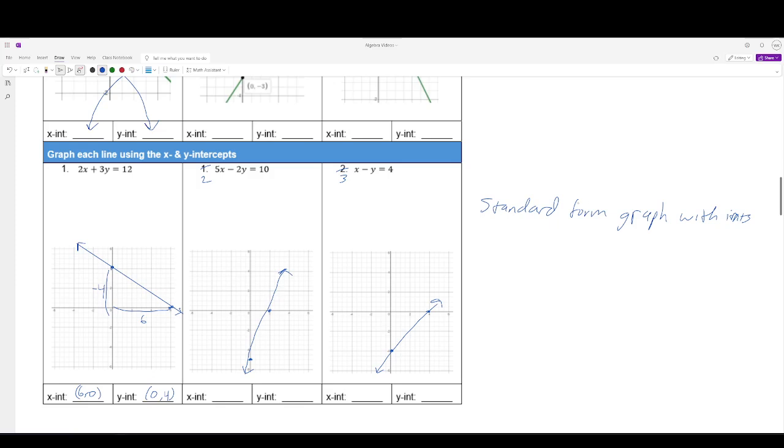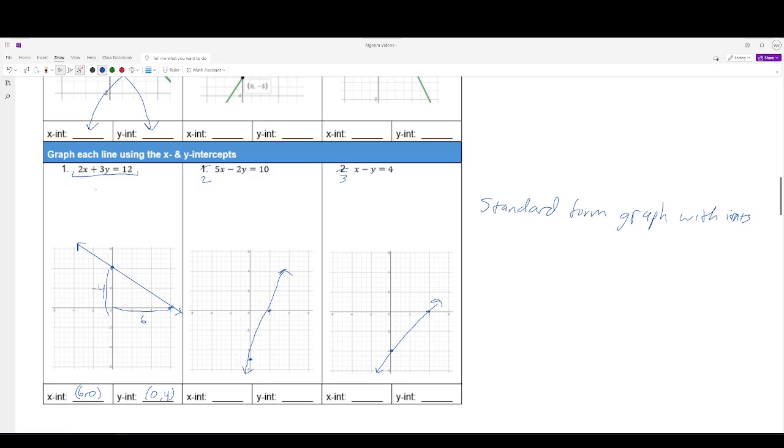So that's how we can graph from standard form rather than switching it into slope-intercept form and then graphing, which is what we did before. So if we gave you an equation like this back 2, 3, 4 weeks ago, the first thing you would have had to do is rearrange it into slope-intercept form.